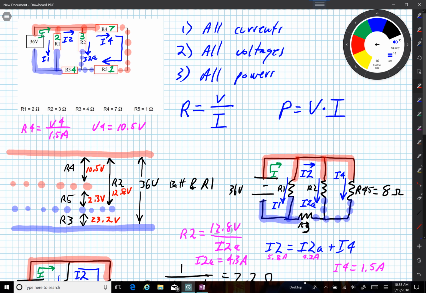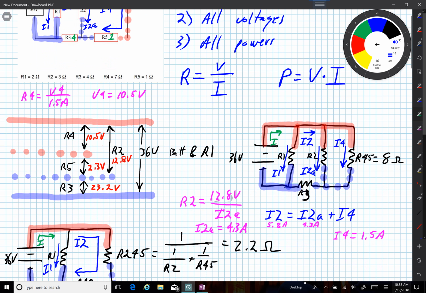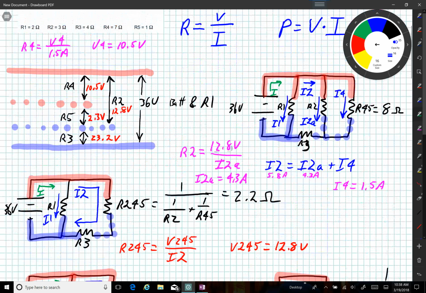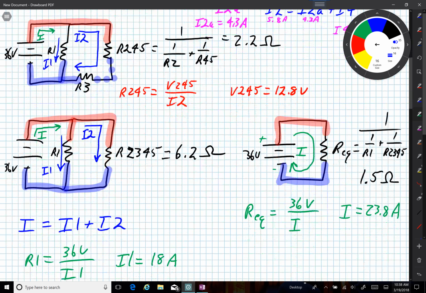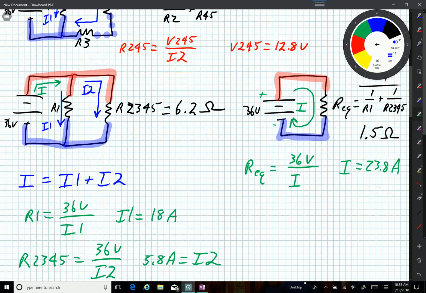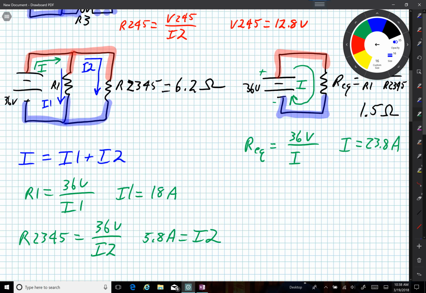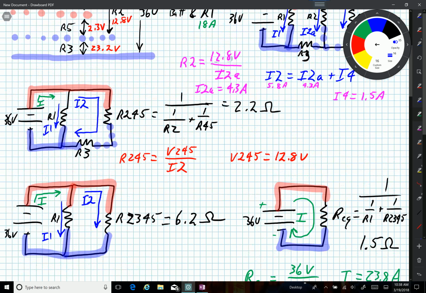Okay, it would probably be good for me to put this information all together in a common place. So let's see, I1 is where R1 is. I1 was 18 amps. So I'm going to just put that over here, 18 amps through R1. Then we had I2, and I2 was 5.8 amps.